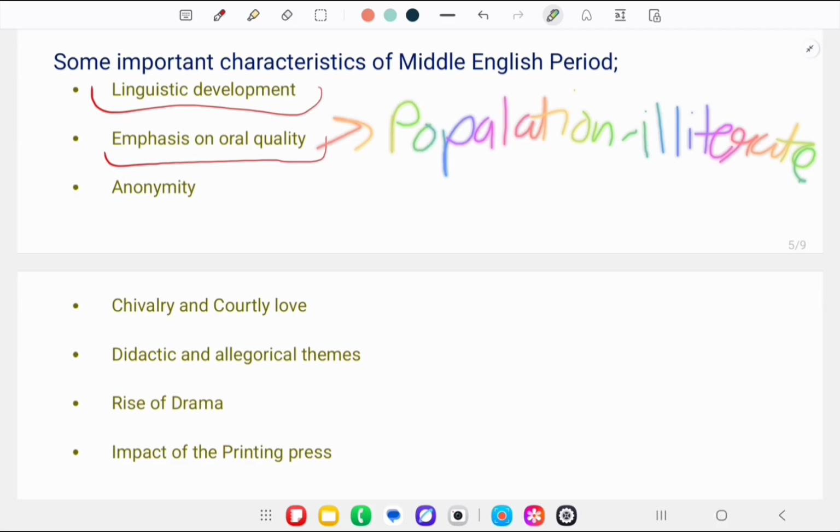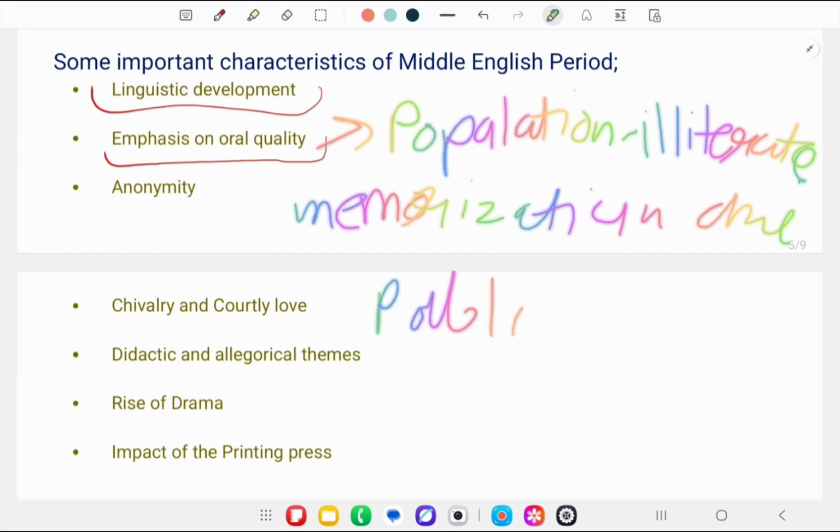Genres like romance and narrative poems were designed for memorization and public recitation.